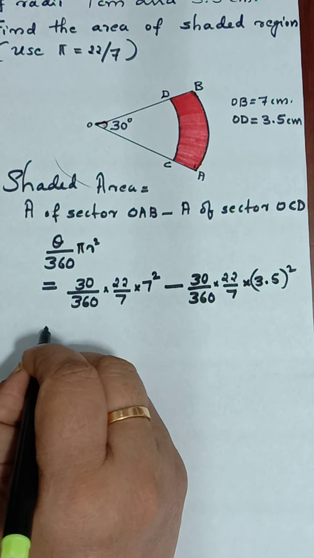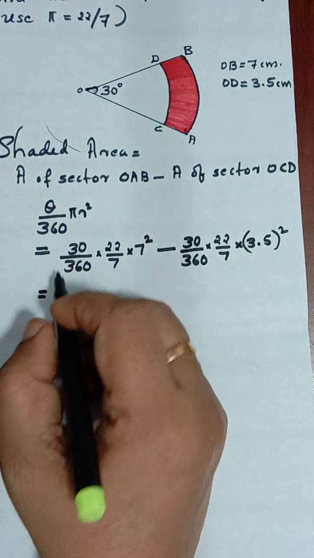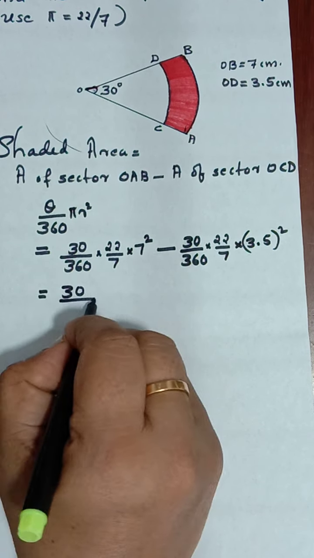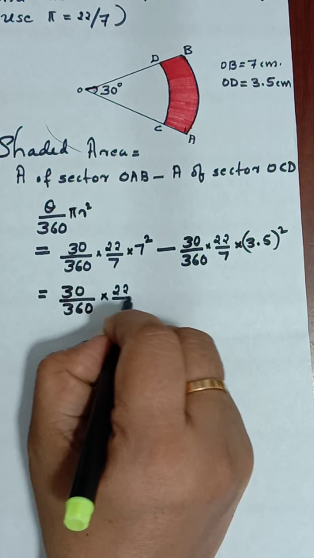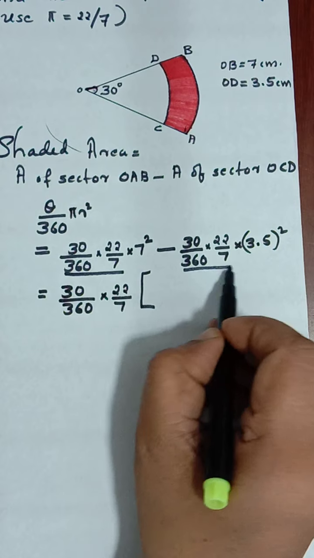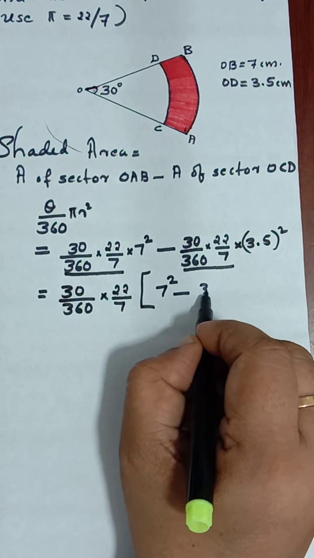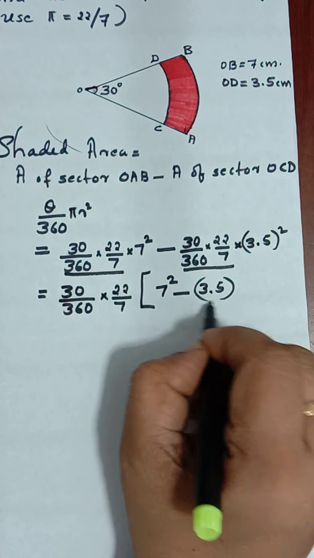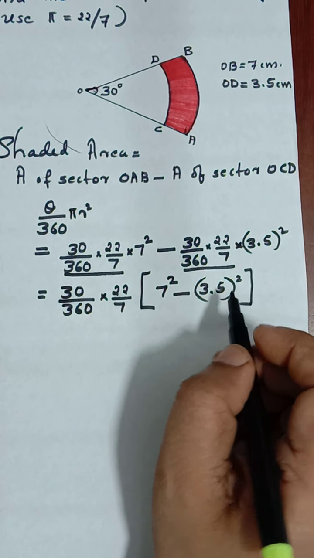So let us see the common. We can take the common factor outside, that is 30 by 360 into 22 by 7, from both. We are left with 7 square minus 3.5 whole square. So how to calculate?